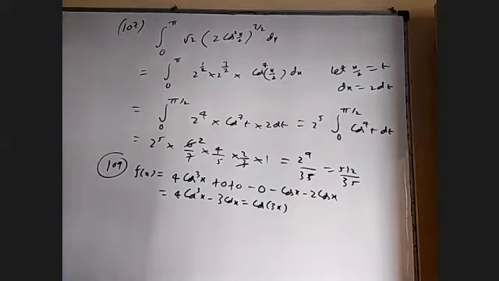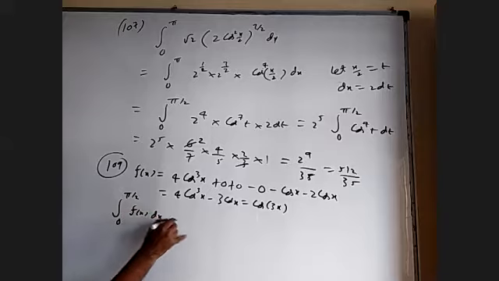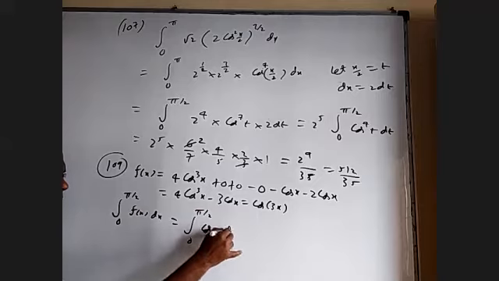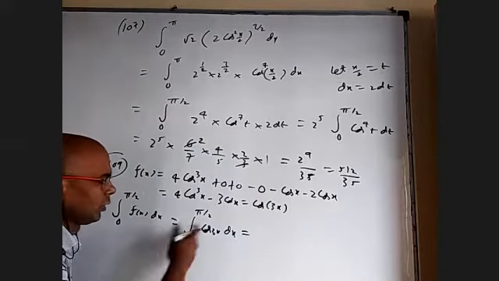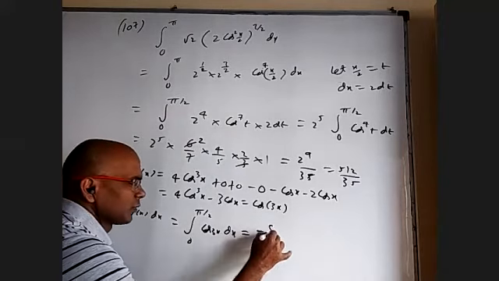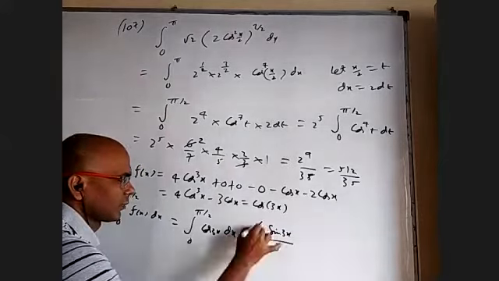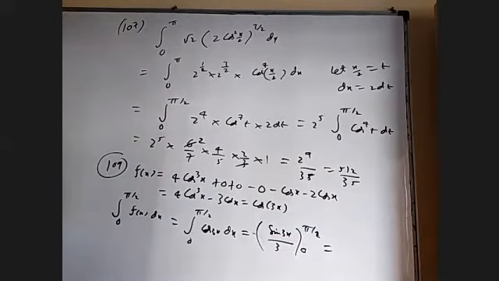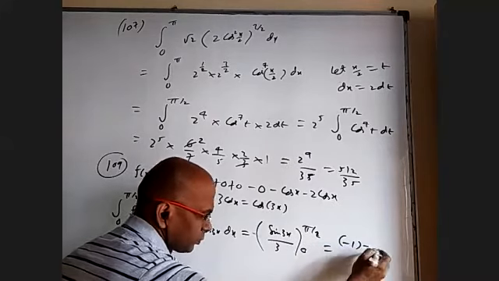And you can just integrate. So 0 to pi by 2 f of x dx is 0 to pi by 2 cos 3x dx. Normal integration: sine 3x by 3, 0 to pi by 2. When you put pi by 2, sine 3 pi by 2 is minus 1. When you put 0, it is 0.